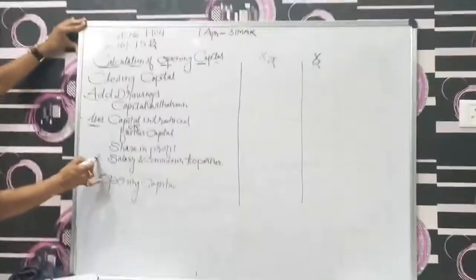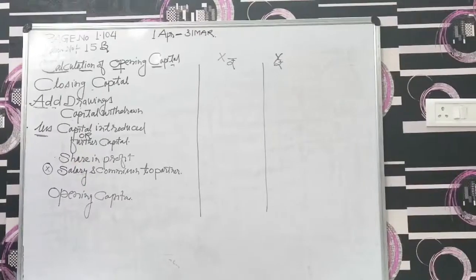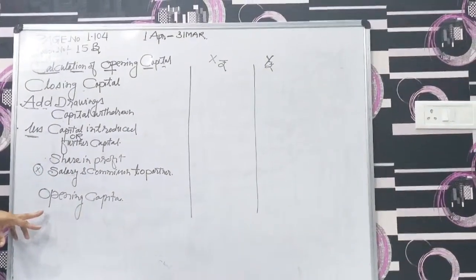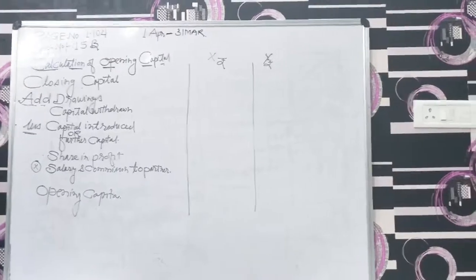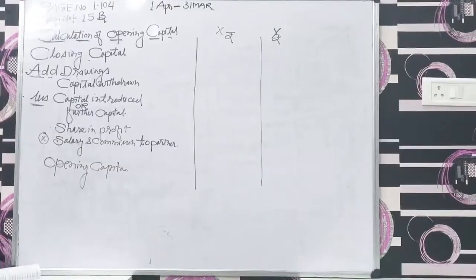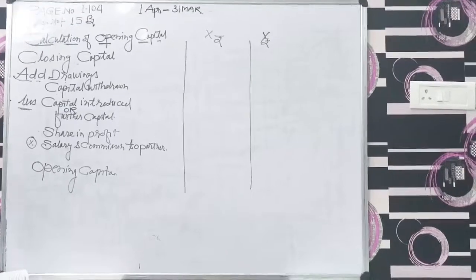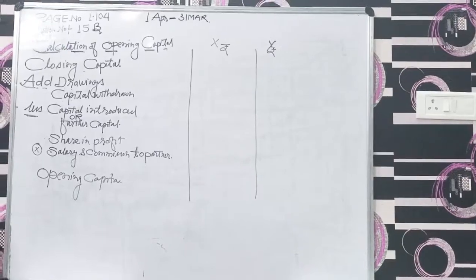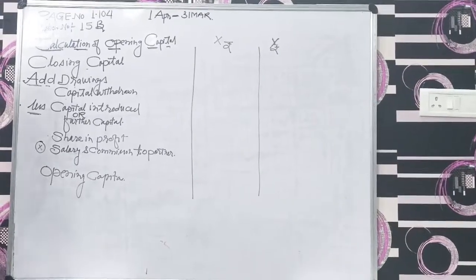And I told you in the previous lecture also, if salary and commission to partner is given, it should also be considered for the purpose of opening capital. So the closing capital of X and Y in this particular problem is given to us, 3 lakh and 2 lakh.